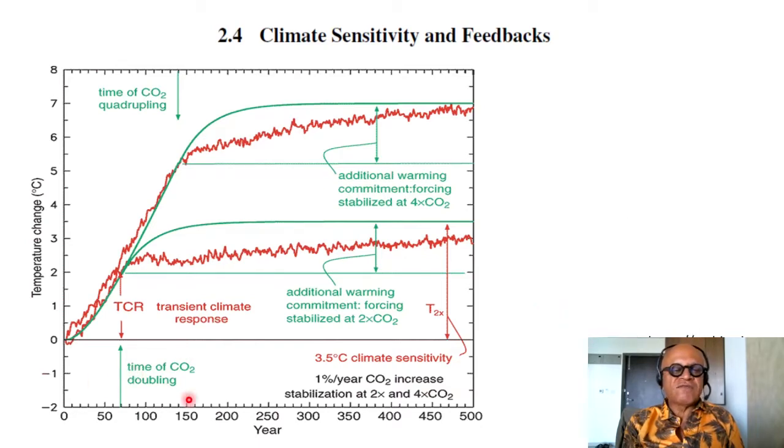This figure we already looked at from IPCC, where climate sensitivity is basically starting from a baseline and increasing the CO2, global mean CO2, reaching double the amount. So the time of doubling, let's say you're using 1% per year increase, so that's 70 years for doubling, and with a simple model you get the warming to reach this level and stay stable once the CO2 has been stabilized at double the CO2 of the baseline.